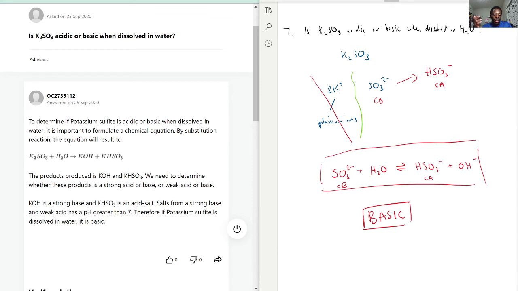So saying that KOH is a strong base and KHSO3 is an acid salt is technically correct, but we have to look at it more this way, because by saying KOH is a strong base, we're implying that KOH takes an active role in making it basic, when in reality potassium is just like, no, I'm fine where I am, I'm not going to interact with any of you people.